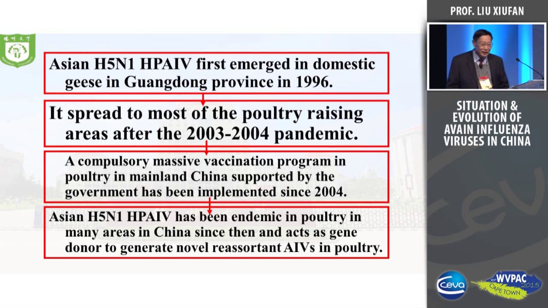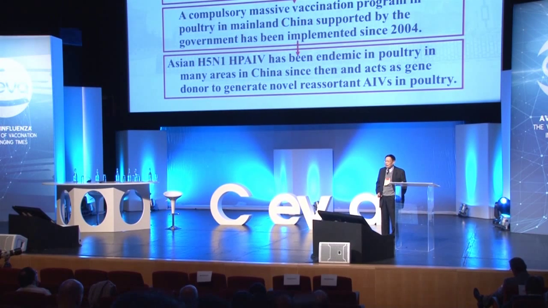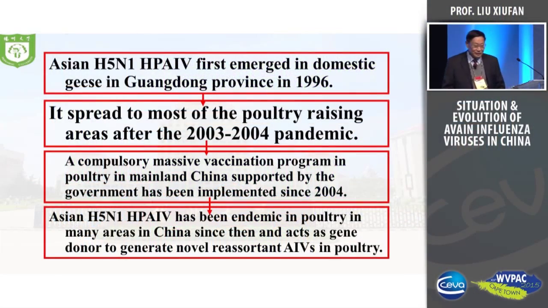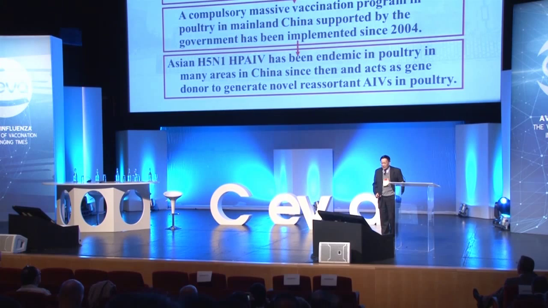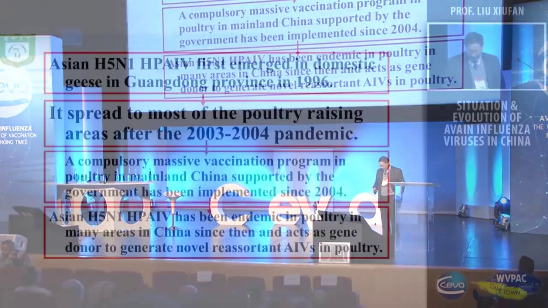A compulsory massive vaccination program in poultry in mainland China, supported by the government, has been implemented since 2004. The Asian H5N1 HPAIV has been endemic in poultry in many areas in China since then, and acts as a gene donor to generate novel reassortant AIV in poultry.